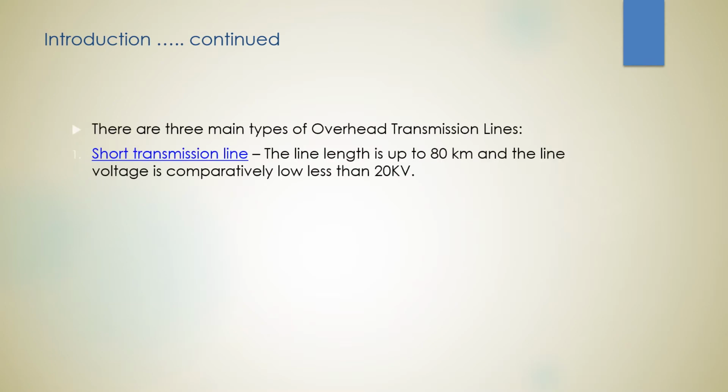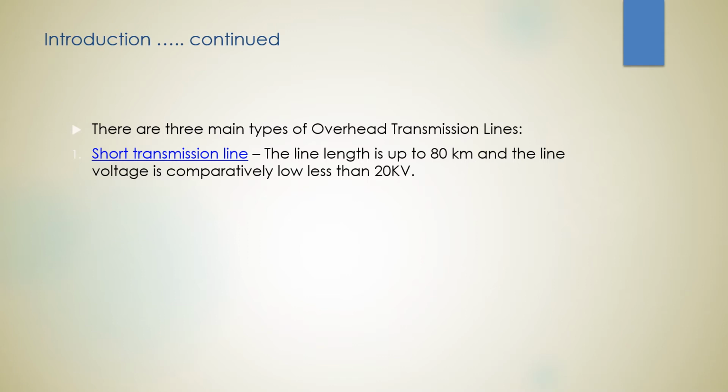So there are three major types of overhead transmission line. Short transmission line. The name itself suggests that the short transmission line is short in length. That means we are categorizing the transmission lines as per the length of the transmission line and also the voltage which is transmitted.